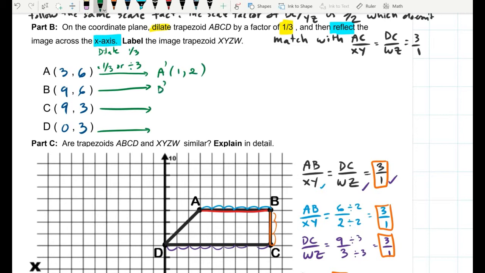B prime: 9 divided by 3 is 3, 6 divided by 3 is 2. C prime: 9 divided by 3 is 3, and 3 divided by 3 is 1. And last one, D prime: 0 divided by 3 is 0, 3 divided by 3 is 1. So basically we divide all of them by 3. Now we're going to reflect across the x-axis.